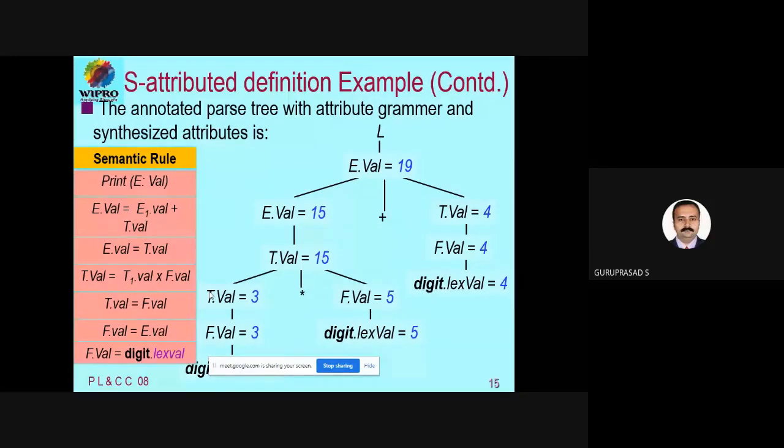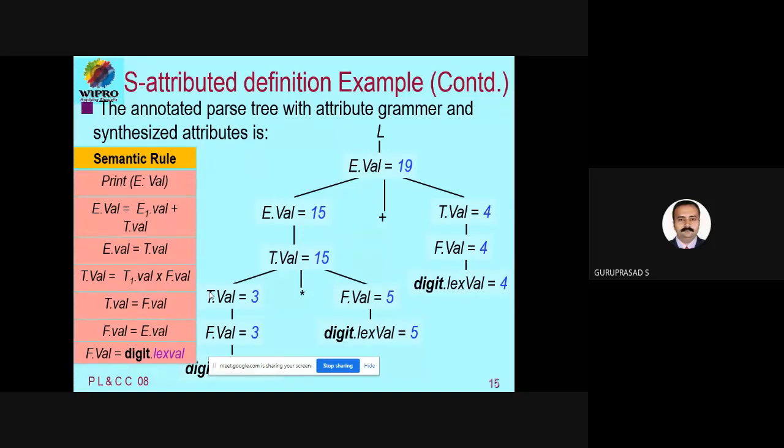Step 1 is you should derive the string from the grammar, means you should construct the parse tree. Whether you go for LMD or RMD doesn't matter, because our semantic analysis should work for top-down parsers as well as bottom-up parsers.